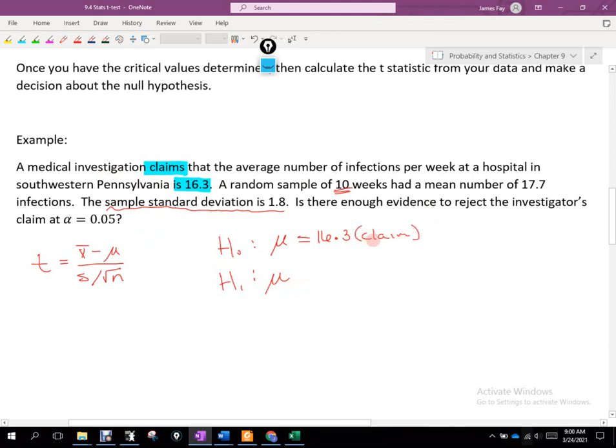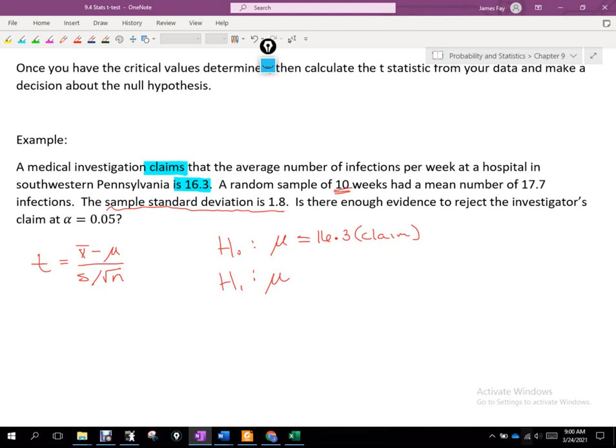And in a lot of the questions that we've done, the alternative hypothesis ends up being the claim. But here, maybe for whatever reason, maybe this hospital is making this claim because it's a marketing thing. Okay, maybe whoever's in charge, HR or whatever, is coming out and saying, hey, we have 16.3 infections, and that's much better than anybody else in our area.